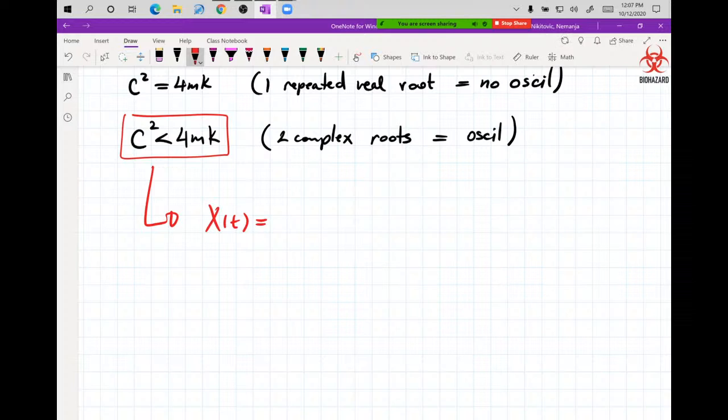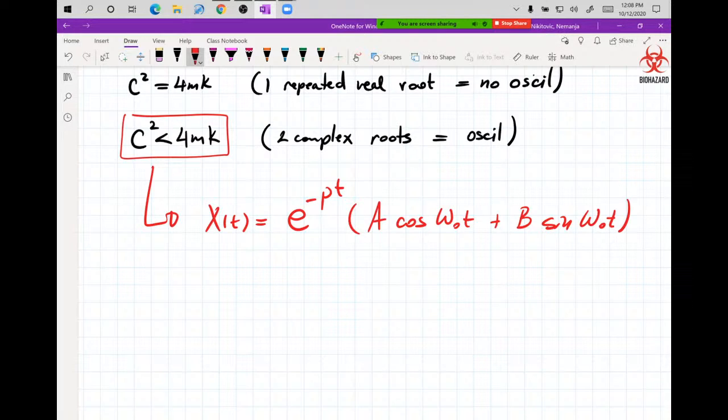From here, you get your x of t equals the good old solution, what was it? E to the negative pt, a cosine omega 0t plus b sine omega 0t. So that's your solution that we learned before.